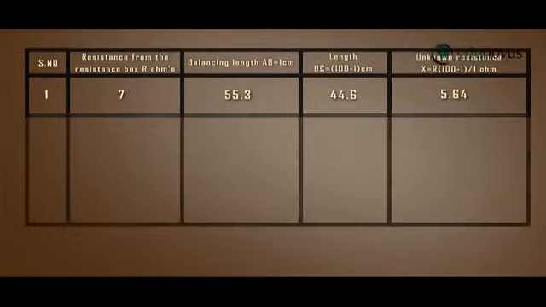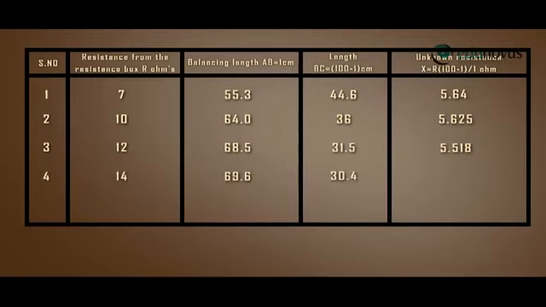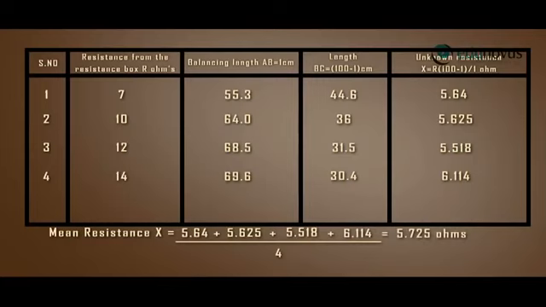Similarly, the balancing lengths for resistance 10, 12 and 14 ohms are as follows. Mean resistance X is equal to 5.64 plus 5.625 plus 5.518 plus 6.114 divided by 4.